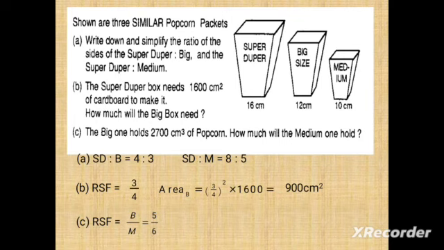And so to find the volume, it will be 5 over 6 cubed times the volume given, so that you find the capacity for the medium one. And that gives us 1,562.5 cubic centimeters.